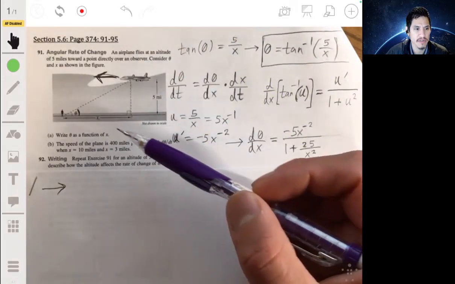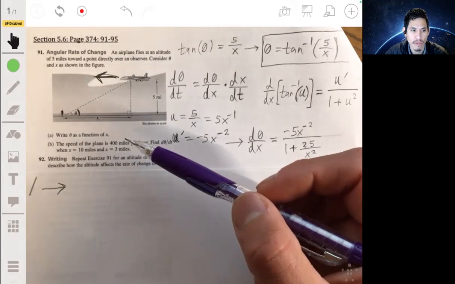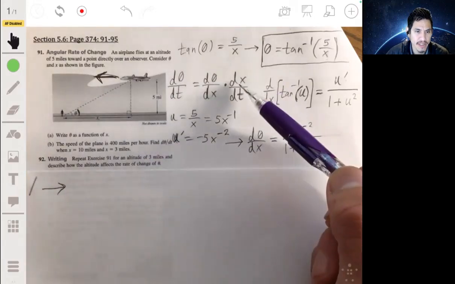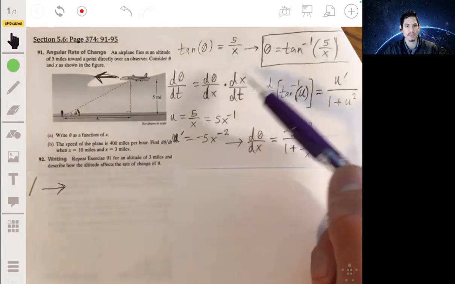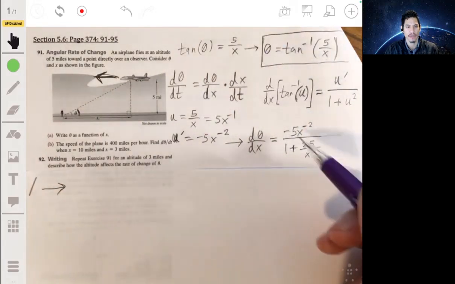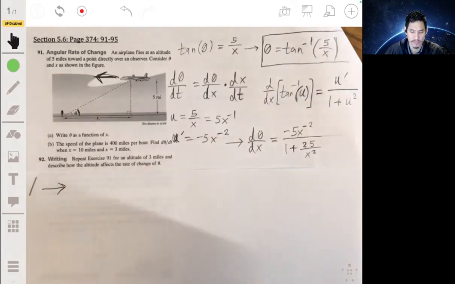But it's given to us that the speed of the plane is 400 miles per hour. So we don't have to do any crazy calculations, because we just have to multiply this by 400, and then that'll give us our answer.